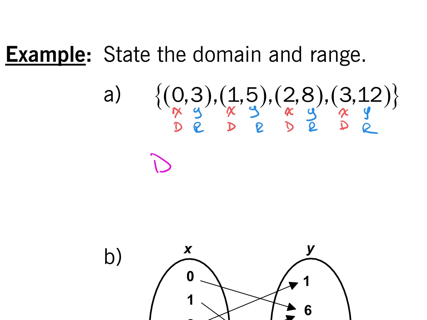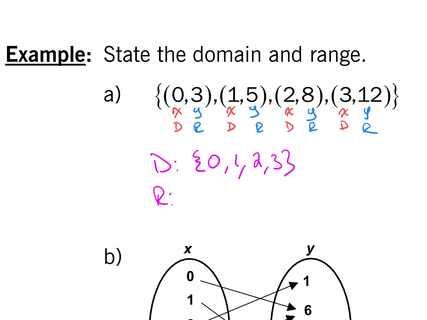So your domain would be brace bracket, and we have to use a brace bracket because it's a set. We're going to write down all the x's. 0, 1, 2, 3.